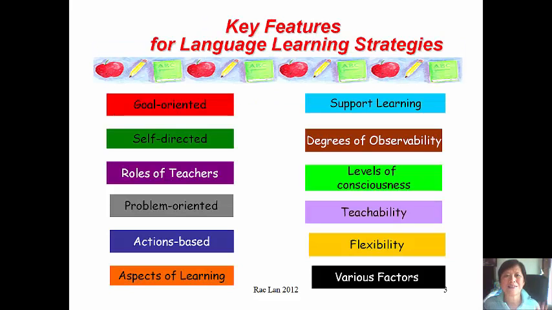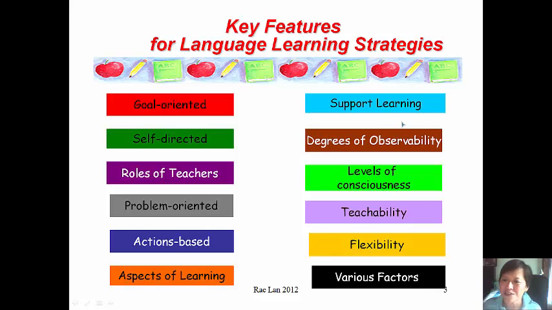So let's start. As you can see on this slide, I listed in very beautiful colors the 12 specific features of language learning strategies. Namely, learning strategies are goal-oriented, they are self-directed, they change the roles of teachers, and they are problem-oriented and action-based. They also include different aspects of learning.